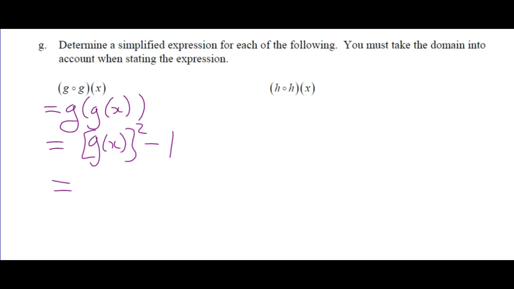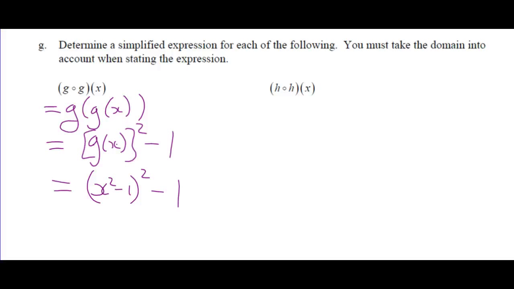Now the input here is x squared minus 1, so this becomes x squared minus 1 squared minus 1. The outer function says take the inside function and square it, and the inside function is x squared minus 1.